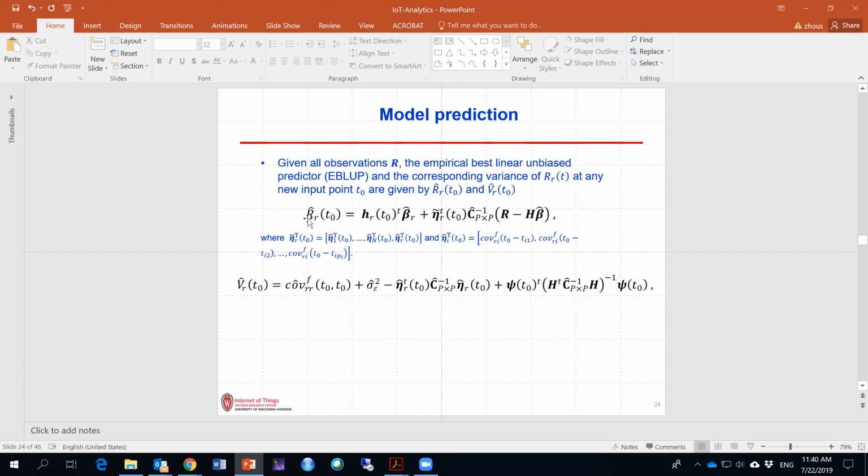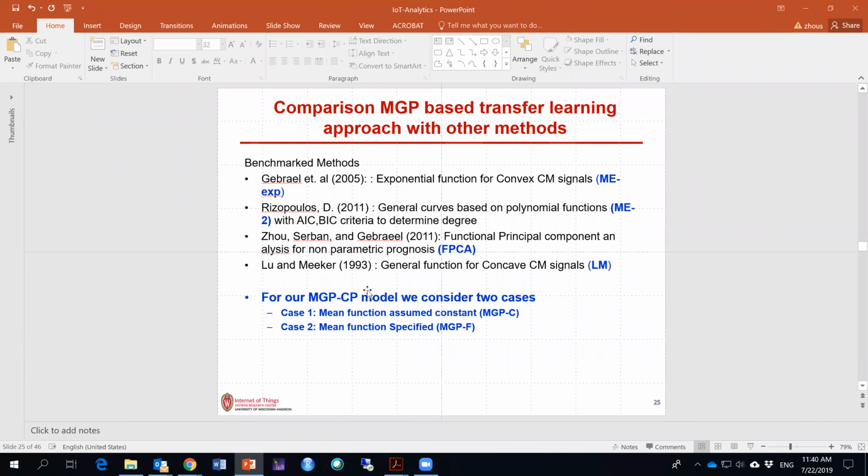We can not only predict its future value like R, we can also get the uncertainty in the prediction, like how much confidence in the prediction. So this is identical to the univariate Gaussian prediction, but the covariance structure is much more complicated. So this essentially is one new idea we developed, using the multivariate Gaussian process to make prediction for arbitrary functional form degradation signal.